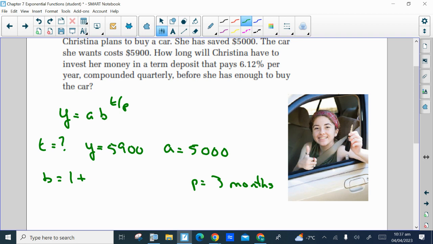Your money is growing, so you're going to have 100% of what you had before plus whatever interest you get from the quarterly interest rate. So to calculate the quarterly interest rate, the annual rate is 6.12%, which we always change to a decimal, and that needs to be divided by 4 because it's compounded quarterly, 4 times a year.